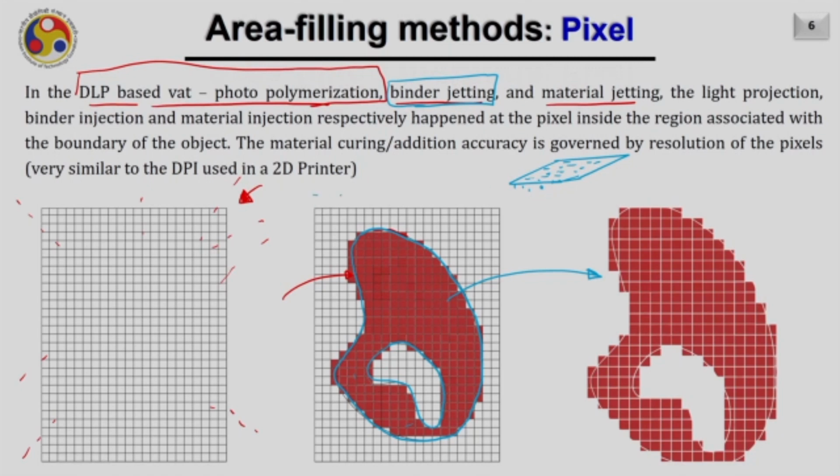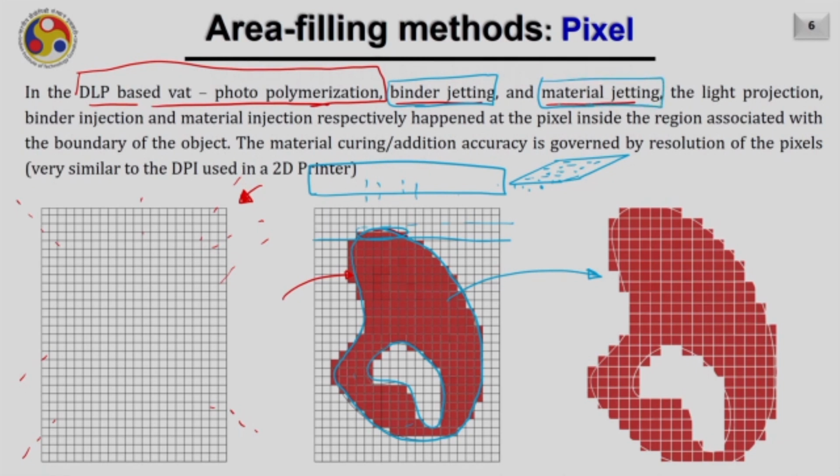So if I have a long nozzle of this much size, when it reaches this location, no nozzle will be activated, and when it reaches this position, these pixels in the nozzle will get activated correspondingly, and material will be injected here. As it moves further, different nozzles will get activated and inject the binder on the sheet. Like I said, in a similar fashion it happens in material jetting.